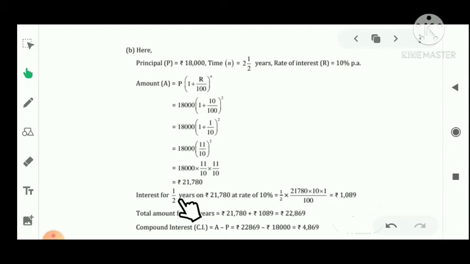21,780. Now we have to find out interest for the remaining half year. So we have to find out the interest for half year on rupees 21,780, because this is the amount of 2 years. We find the interest for half year at the rate of 10%.